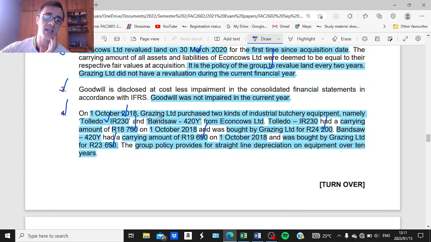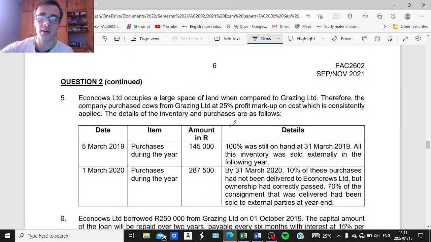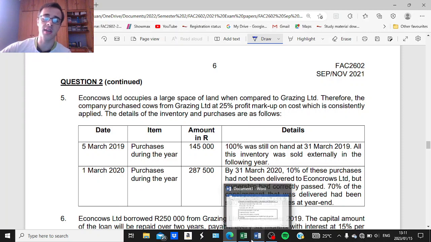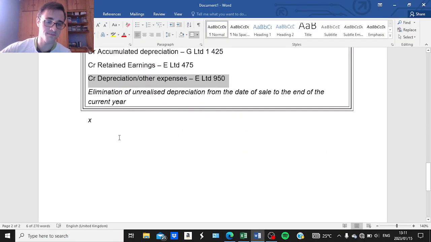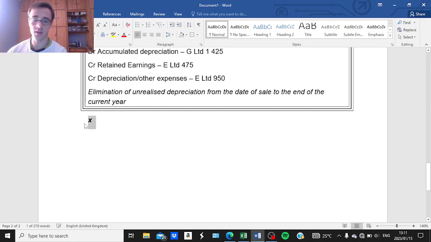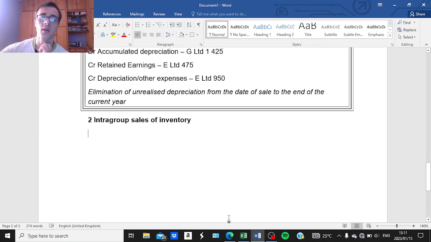Okay, let's move on to additional information point 5, which addresses the intergroup sales of inventory. So the second one is intergroup sale of inventory. Okay.